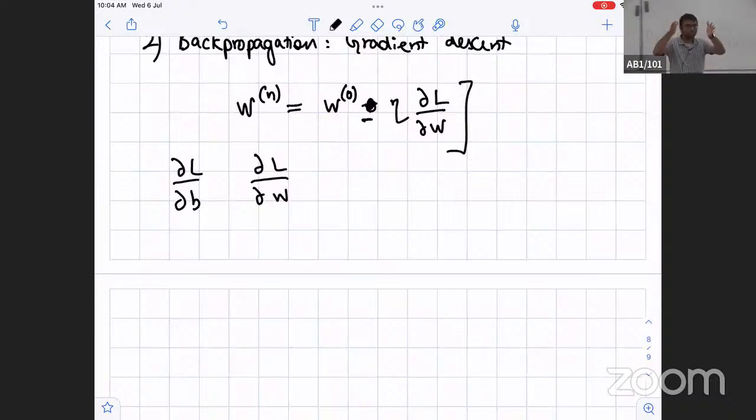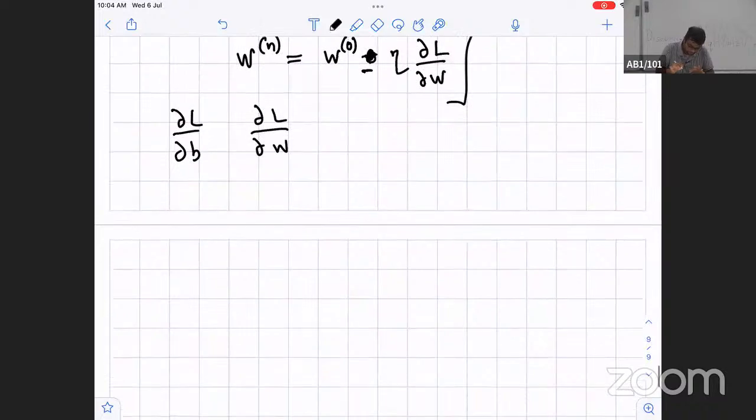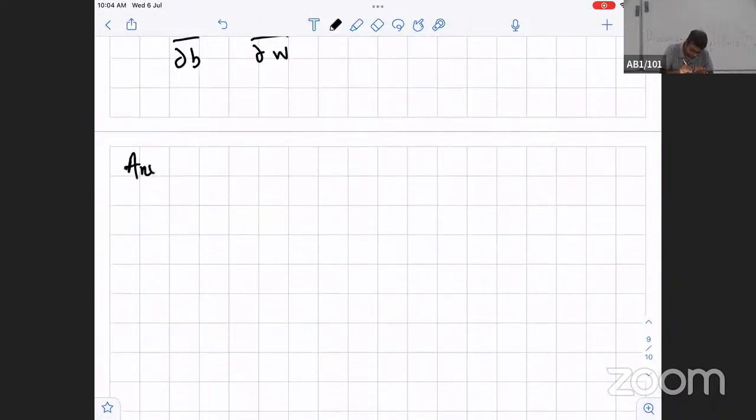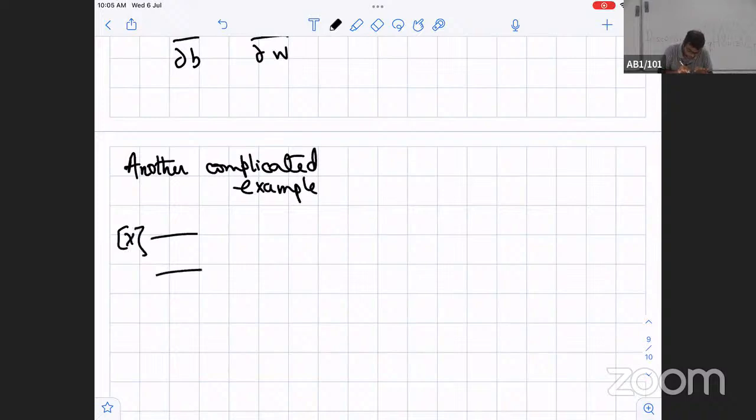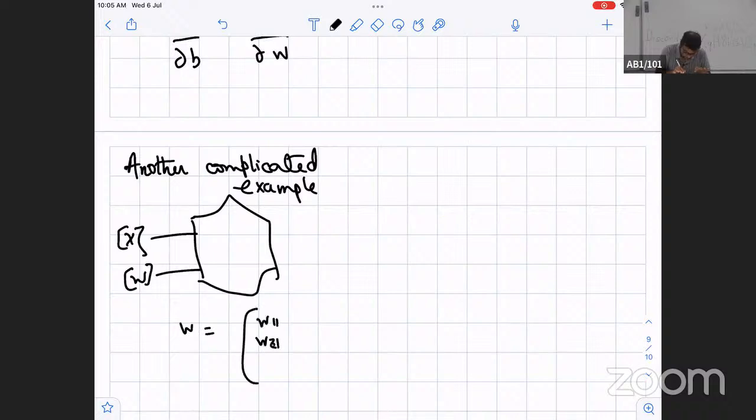not just for this architecture, but even if there are multiple neurons connected together. I could have another, more complicated example. You can have X here, and W is like this: W11, W21, W12, W22, W31, W32, assuming that you go all the way till WD1, and this is WD2.